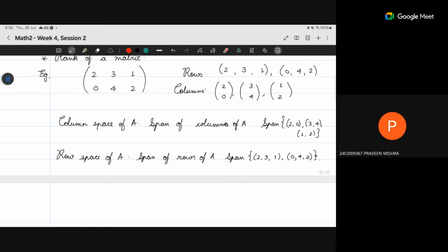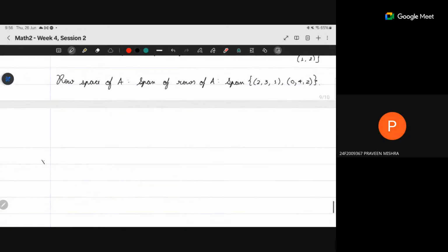But as sets, they are different. They sit in different spaces, right? If it's a square matrix that you're starting out with, your columns and rows will be in the same space. But in general, they need not be. In this case, you have one subspace of R2 and one subspace of R3.